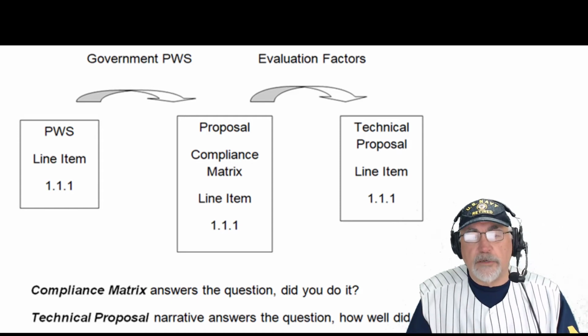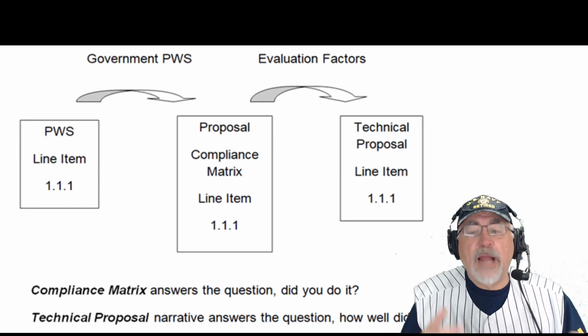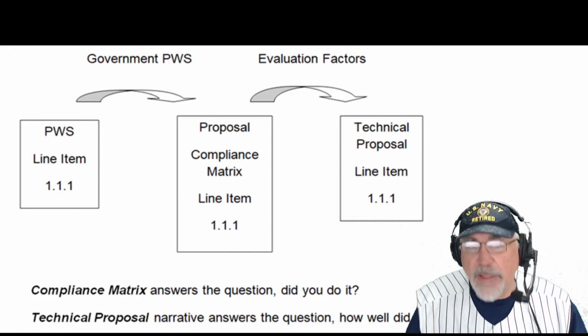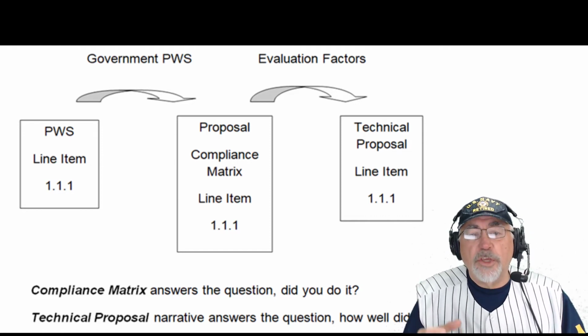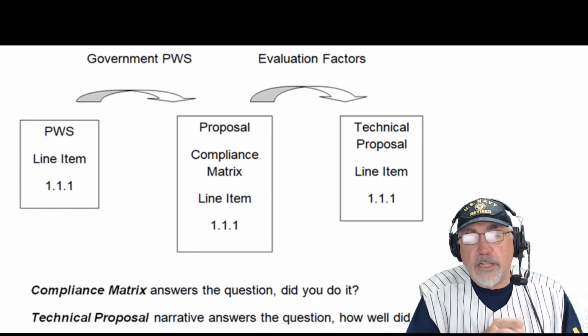Oftentimes a question will come to me is, well, how do you create a proposal? Well, the successful proposal is the proposal that wins. So to create a successful proposal, you have to get into the mind of the contracting officer and understand the way they're thinking.